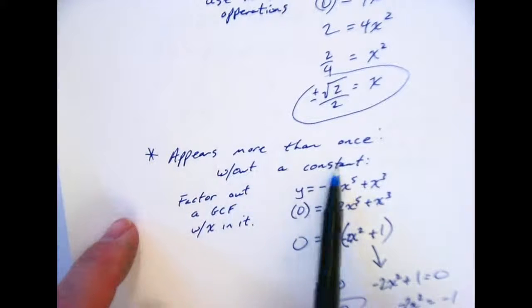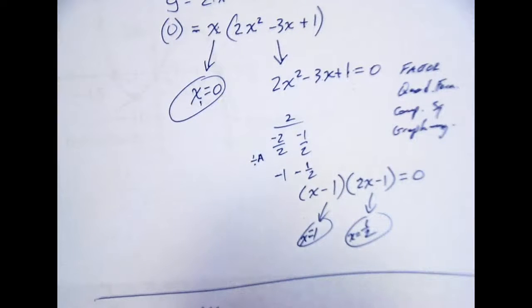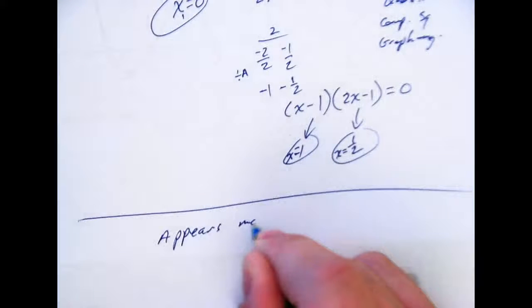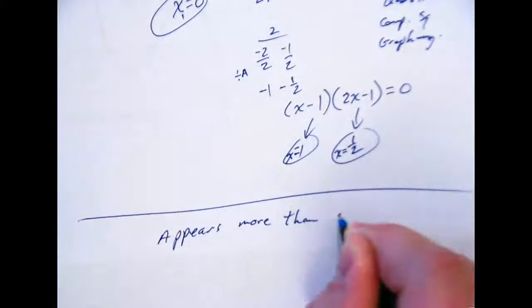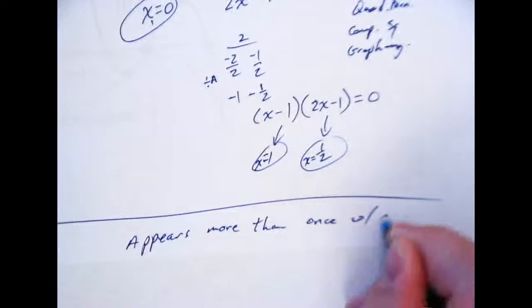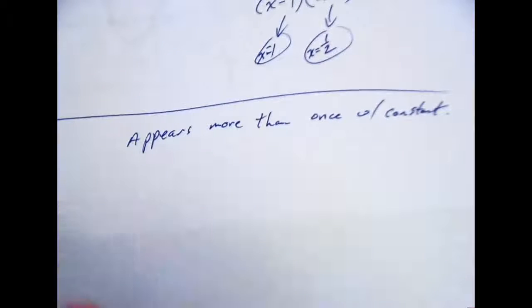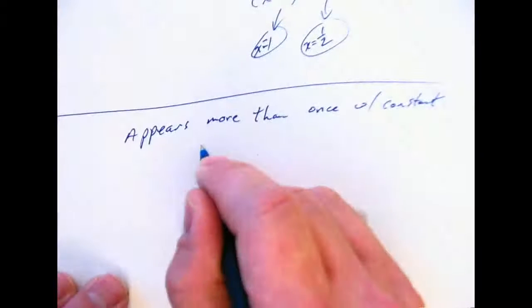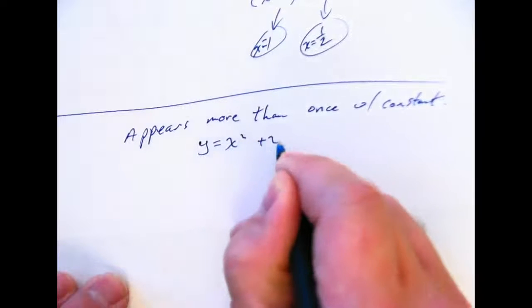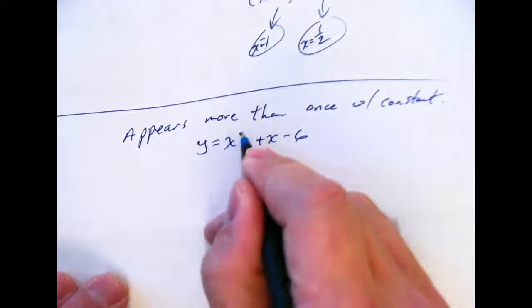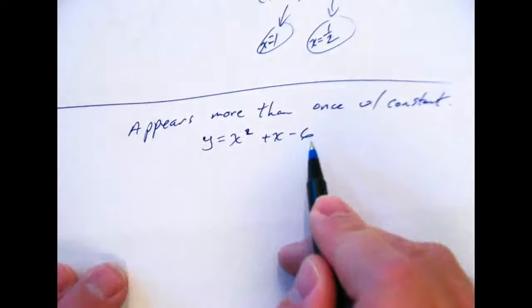When x appears more than once with a constant, that would be like number 20, where you have y equals x squared plus x minus 6. You can't pull out an x because there's no x on that one.